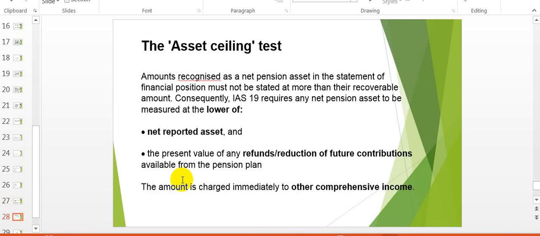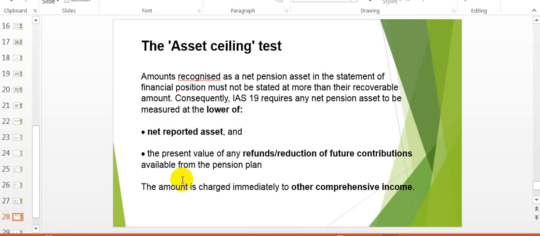Finally, we look at the asset ceiling test. These are amounts recognized as a net pension asset in the statement of financial position which must not be stated at more than the recoverable amount.